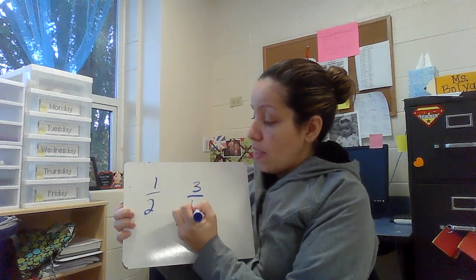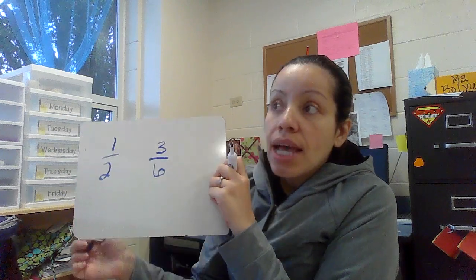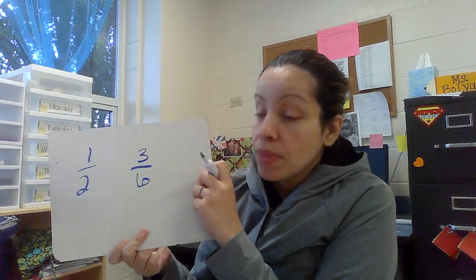So these are equivalent fractions because they occupy the same amount of space. So 3/6 is equal to a half. How can I prove if that's correct? Well, I can say, is 1/2 equivalent to 3/6? And the way I do that is I need to multiply that 1/2 by a number.